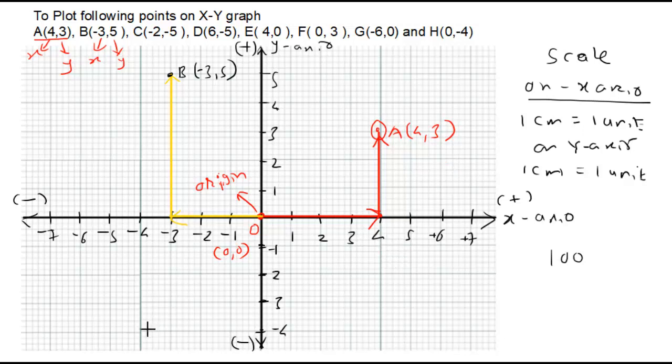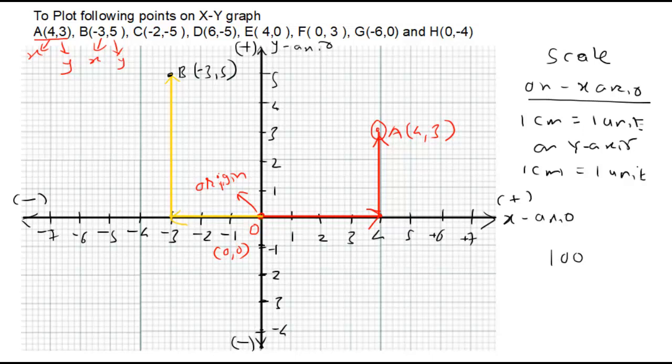Let us plot the third point, minus 2, minus 5. Again we will start from the origin. First we have to travel along minus 2 on the x-axis and then 5.